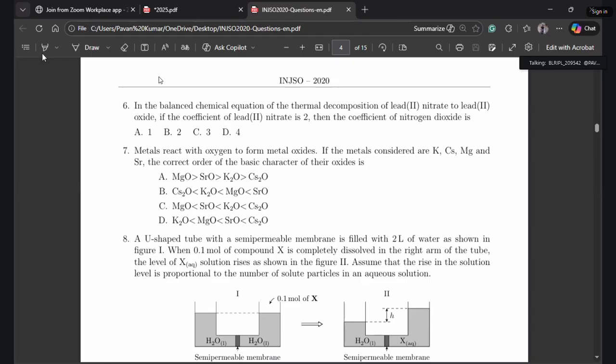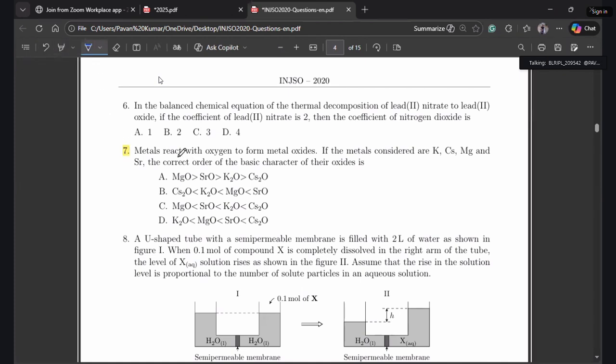Now see this. Here, the seventh question. Metals react with oxygen to form metal oxides. If the metals considered are potassium, cesium, magnesium, and strontium, what is the correct order of basic nature of their oxides? Okay.